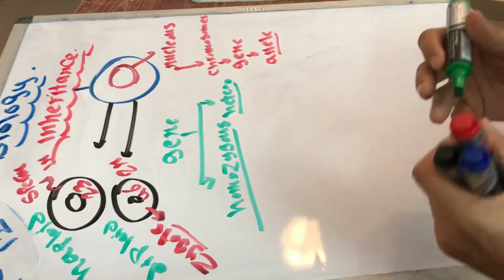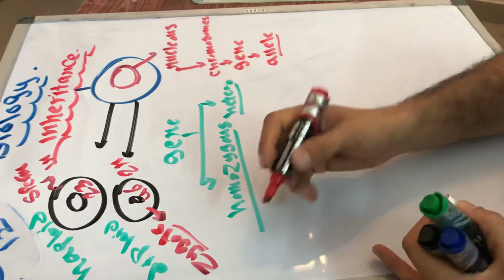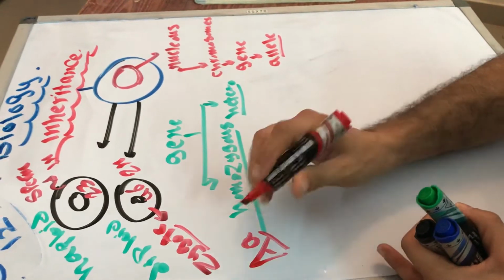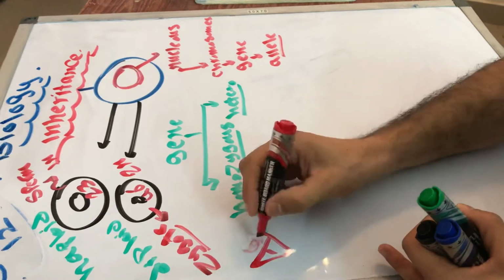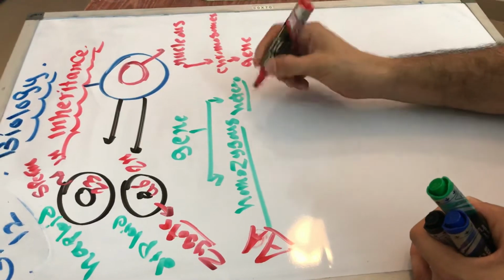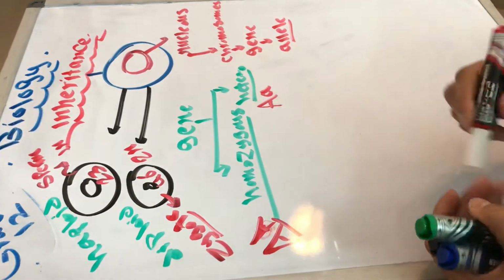Homozygous, heterozygous, two kinds of genes. Number one, homozygous, I give one example with large and small letters. Homozygous has identical alleles, and heterozygous has different alleles, a large letter and a small letter.